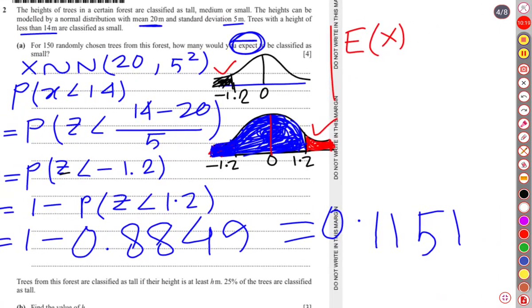So our total number of trees is how much? 150 randomly chosen trees. So 150, and our probability for each tree is 0.1151.